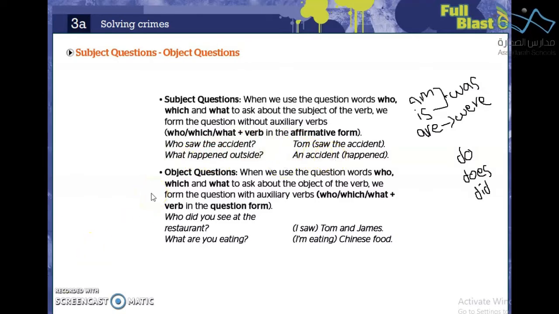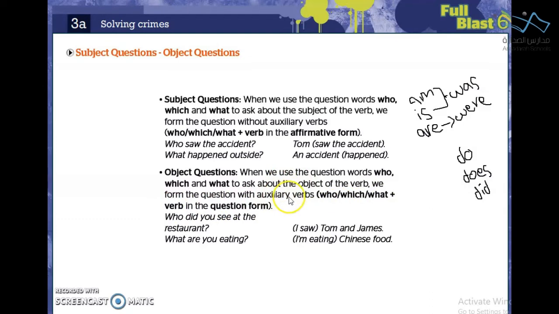The second part of our grammar today is object questions. When we use the question words who, which, and what to ask about the object of the verb, we form the question with auxiliary verbs. That means the formation will be who, which, what, plus auxiliary verb in the question form.